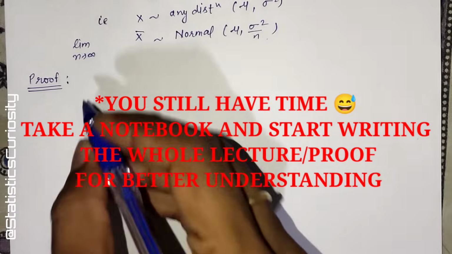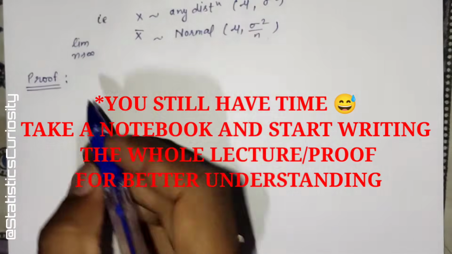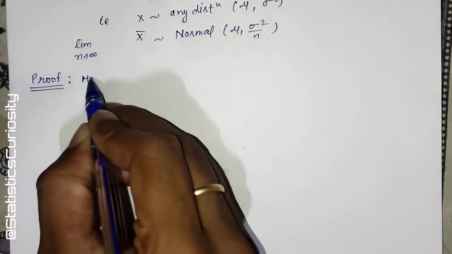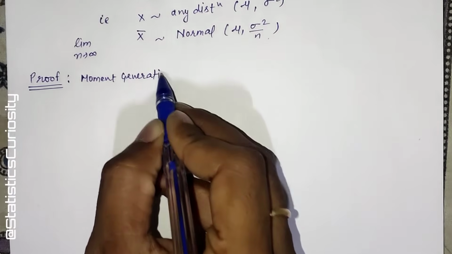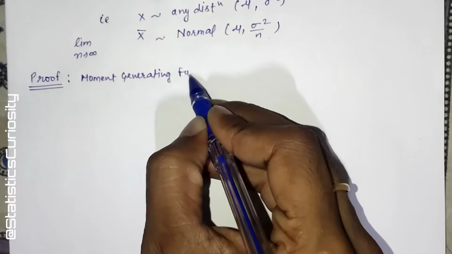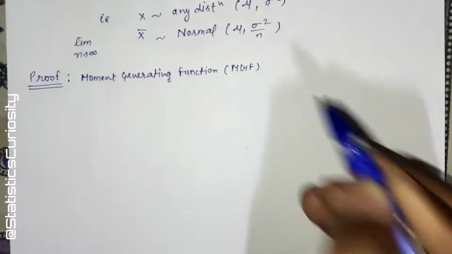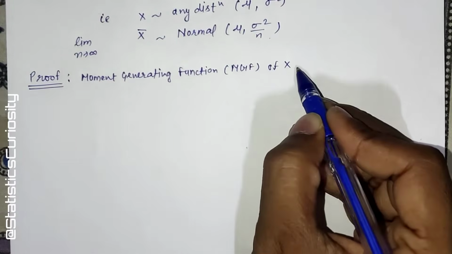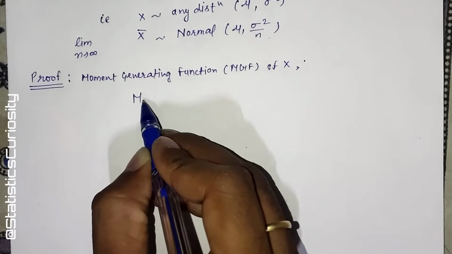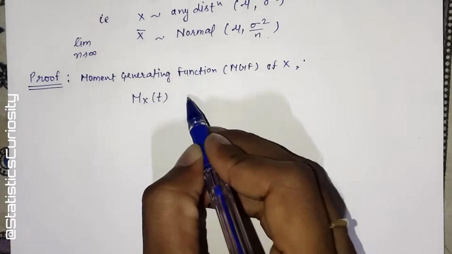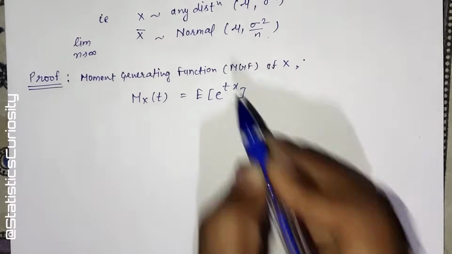For its proof, first we will write the moment generating function, in short termed as MGF. The moment generating function of x, as we all know, is Mx(t), and it is nothing but the expectation E raised to the power tX.